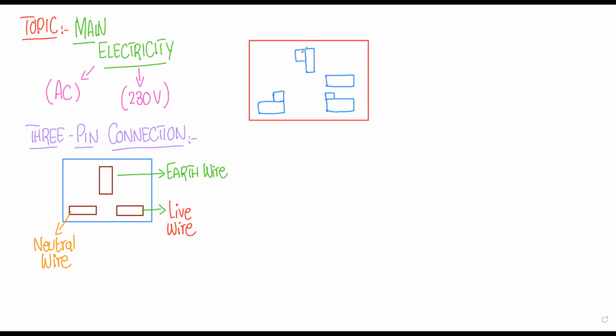And if you manually fix any socket or 3-pin plug by yourself, or if you observe the diagram or the pattern of the plug, the pattern will be like this: one connection is on the top, one is on the left, one is on the right. But there is another slot which is empty over here.